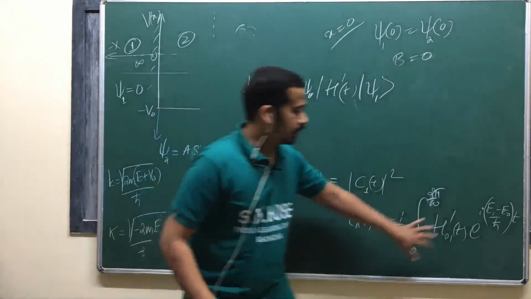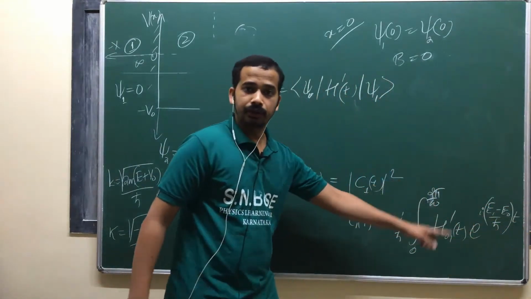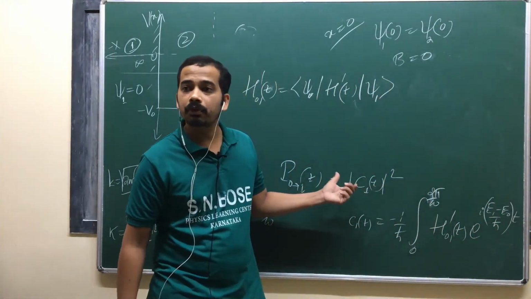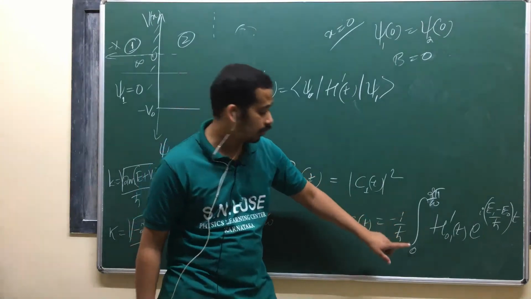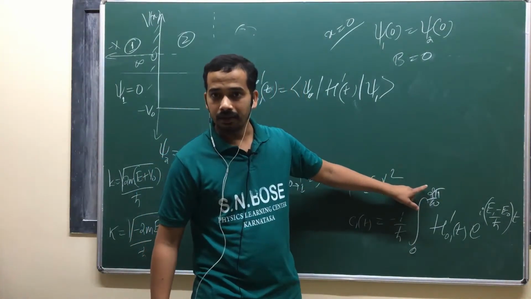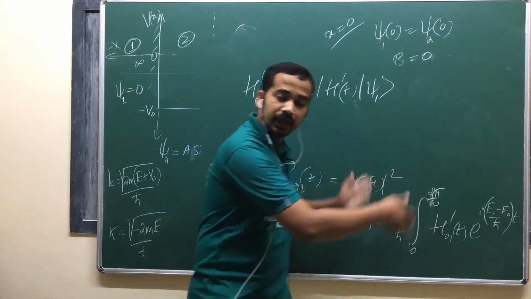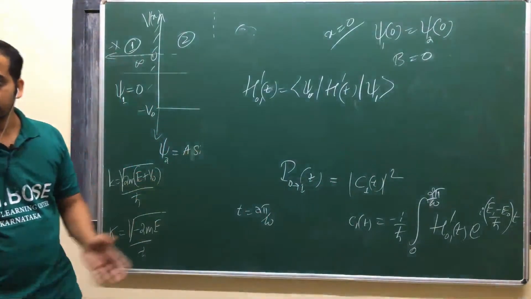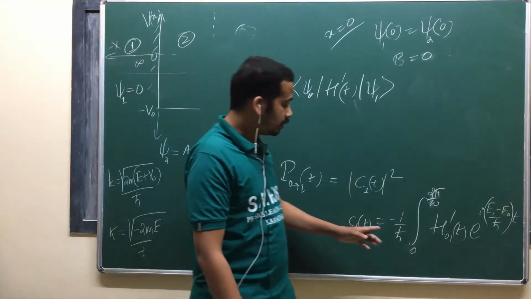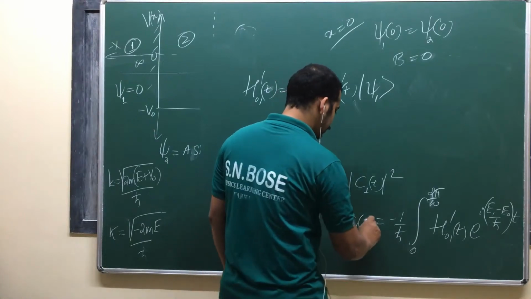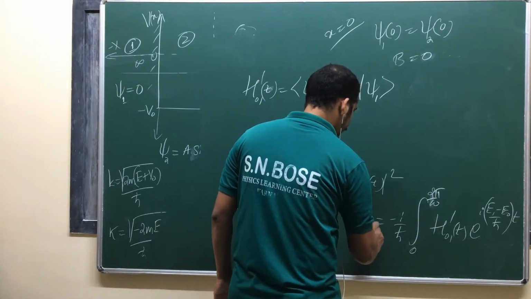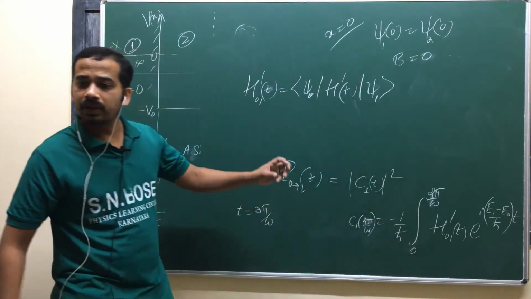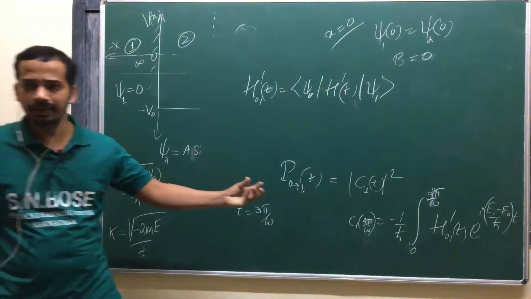Because here some exponentials will come, and you need to take the mod square of that. That would be quite difficult if you are taking the generalized integral, and then taking the mod square would be lengthy. Just try that out. So while solving the problem itself, you take t is equal to 2 pi by omega. While solving this integral, you will get a very simple complex quantity here.